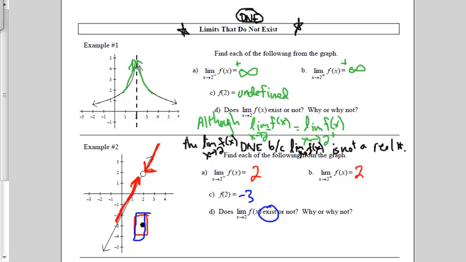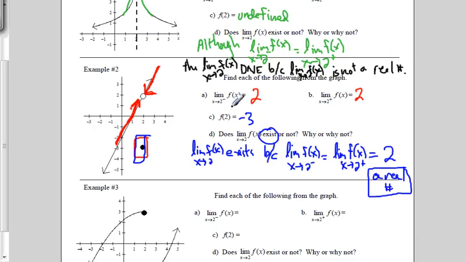The limit of f of x as x approaches 2 exists because the limit from the left equals the limit from the right, both values equal 2, and 2 is a real number. It doesn't matter that there's a hole there, and it doesn't matter that the value of the function equals negative 3. The limit from the left equals the limit from the right.